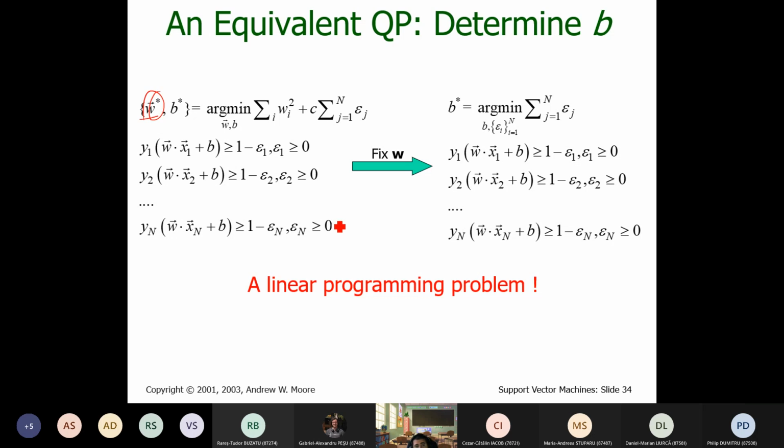But in order to finalize the SVM, to solve the problem and find the classifier, this W will give us only the orientation. We also need the value of B. This B will be the position of the classifier, so it will be only the offset.